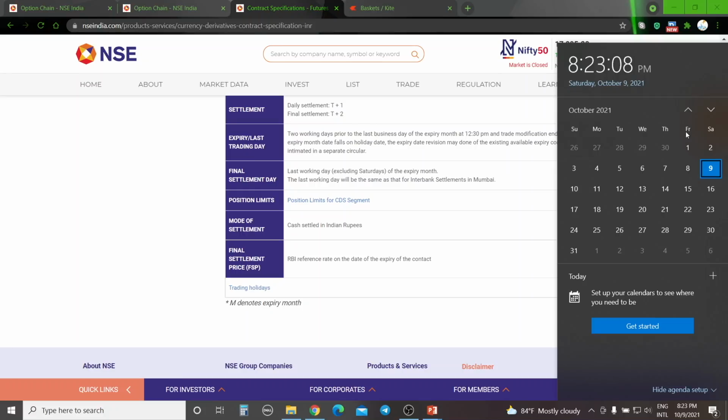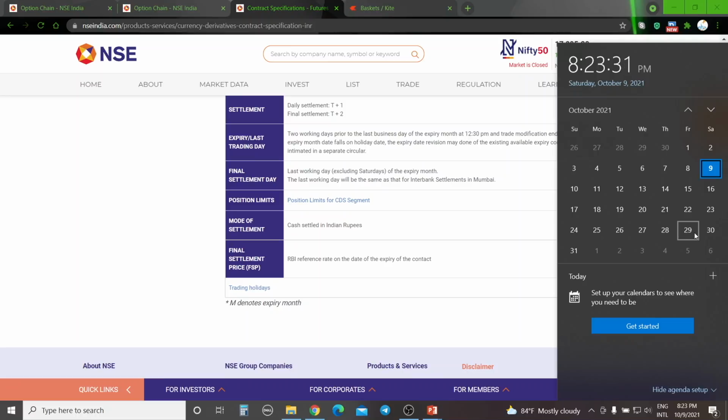The last working day is the 29th, because the 30th and 31st are Saturday and Sunday. So 2 days before the last working day, the 27th is going to be the monthly expiry. But we will have a regular weekly expiry on the 29th also.